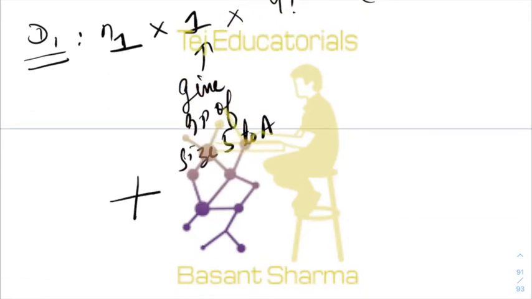Then plus, corresponding to D2, you have n2 number of ways of grouping. Now first possibility is you give a group of size 4 in one way to A, and then distribute the remaining groups.